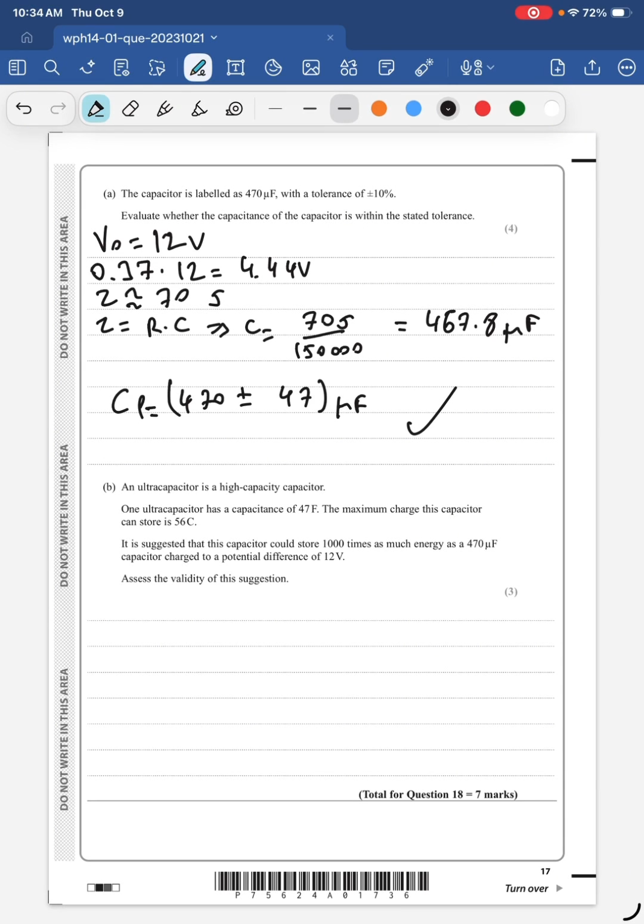This is a simple application of the energy stored in a capacitor, and there are various formulas for that, which are all equivalent. So Q squared over 2C is one of them, and then also 1/2 CV squared and 1/2 QV. I bet all these formulas are in the back of your paper.